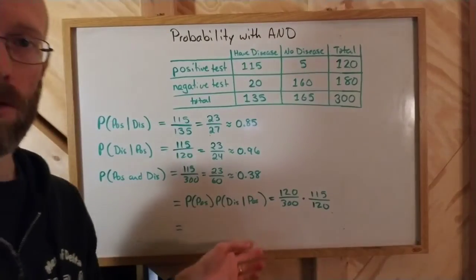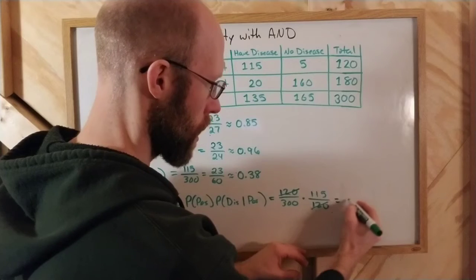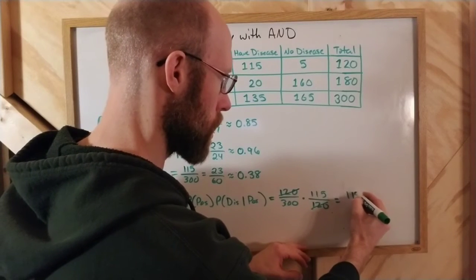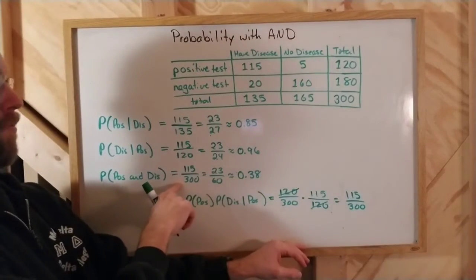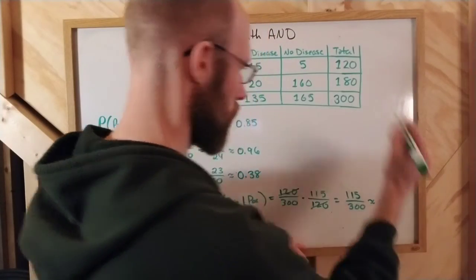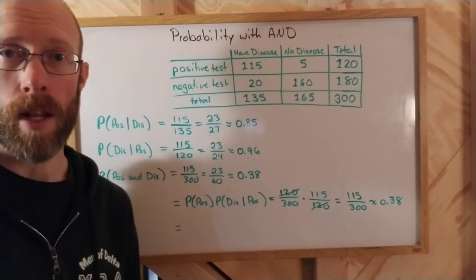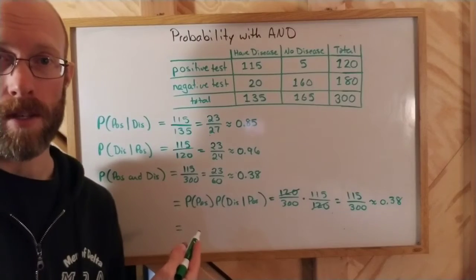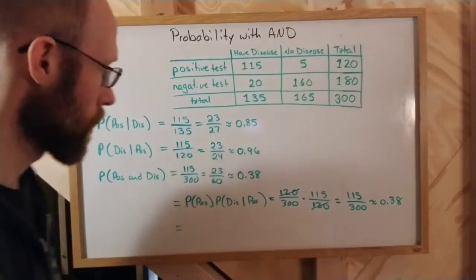And when you multiply those two probabilities together, the 120s cancel, and you end up with 115 out of 300, which is what we had before, or approximately 0.38. Okay? So that's a second way to calculate. It's longer, obviously, but it is consistent with the formula that we have seen.